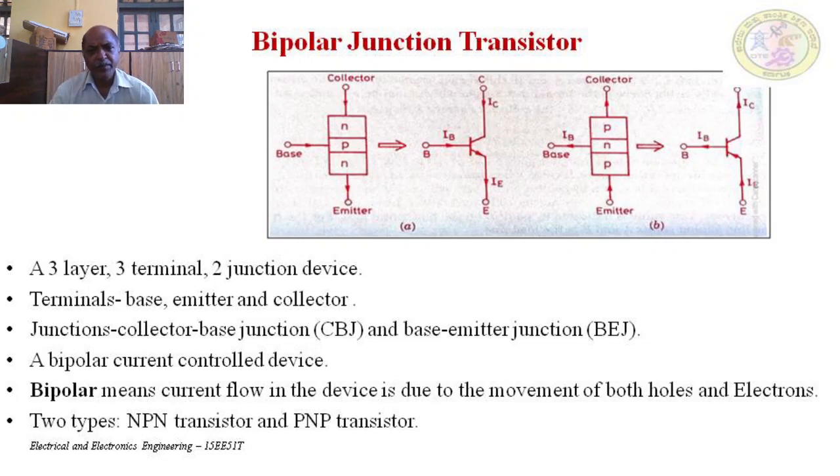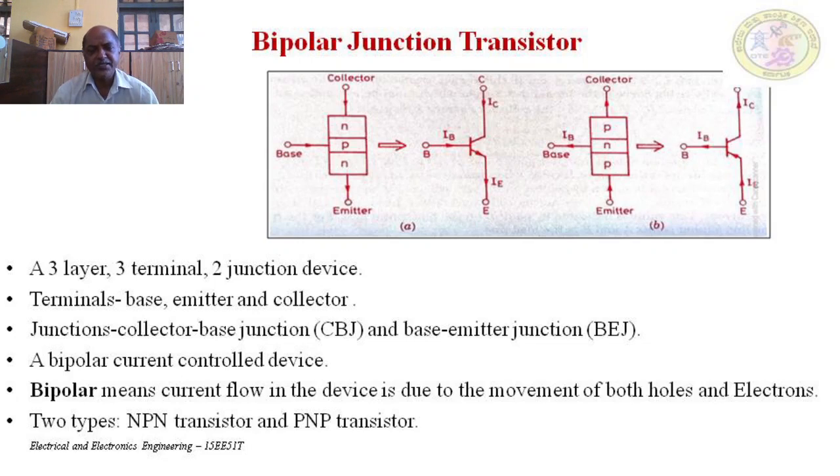The function of the emitter is to inject or supply majority carriers into the layer, and the function of the collector is to collect the carriers coming from the emitter through the base layer. Whatever carriers are supplied by the emitter will be collected by the collector, and the function of the base is to regulate the flow of carriers from the emitter to the collector.